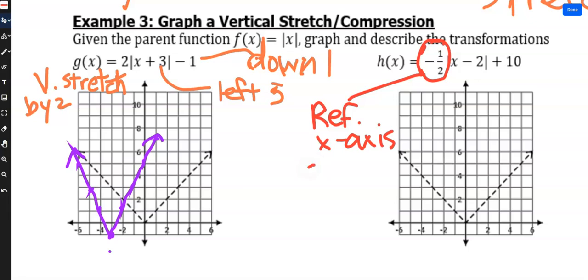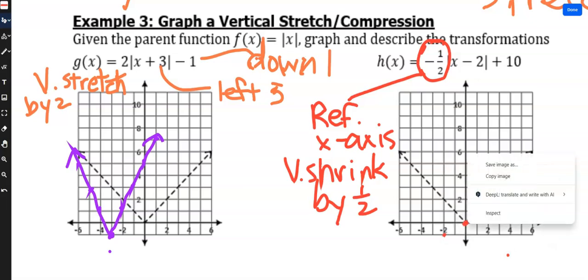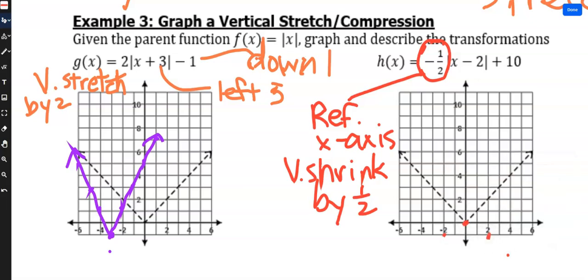But we also have a vertical shrink by 1/2. So basically that's what I just drew.